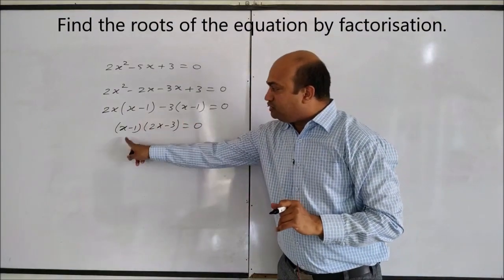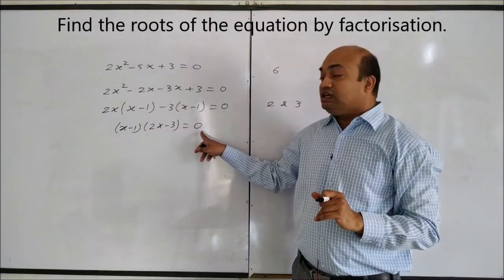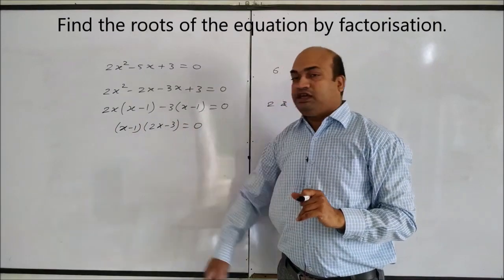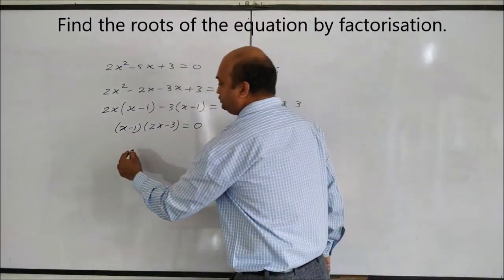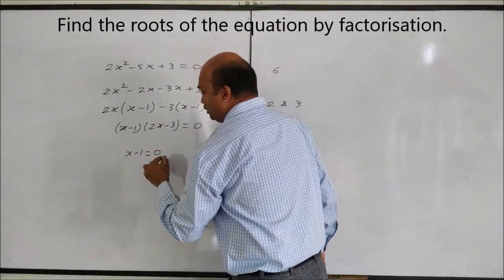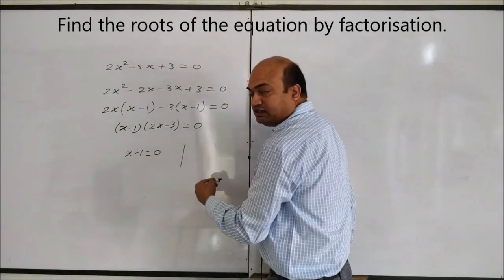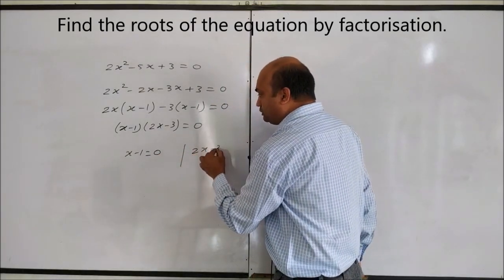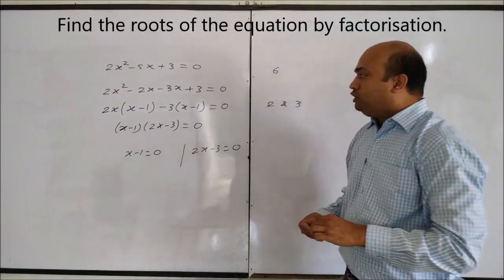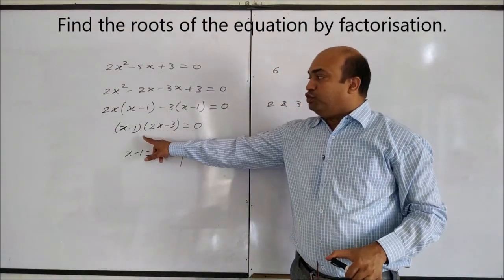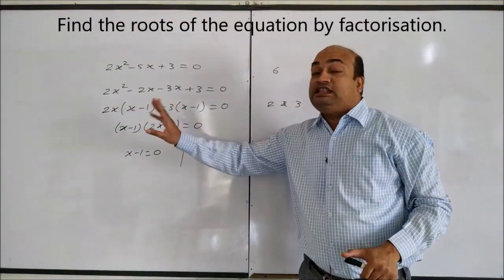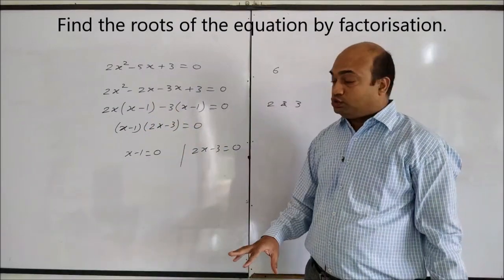The product of these two factors is 0, then out of them one must be 0. Either x minus 1 is 0 or 2x minus 3 is 0. Either both of them are 0 or any one of them is 0.